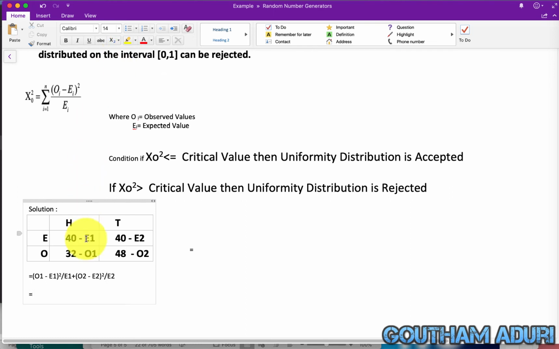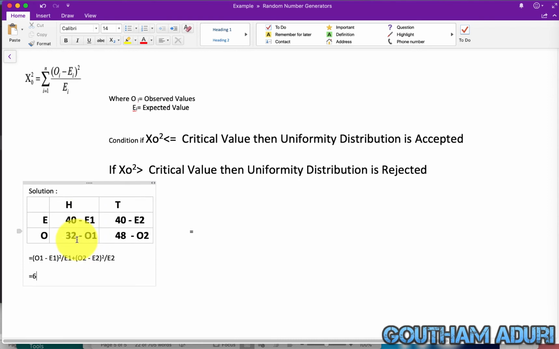So nothing but O1 minus E1, 32 minus 40, it's minus 8 squared, so 64 divided by E1, which is 40, plus the same thing, O2 minus E2, 48 minus 40, 8 squared, 64 divided by 40.